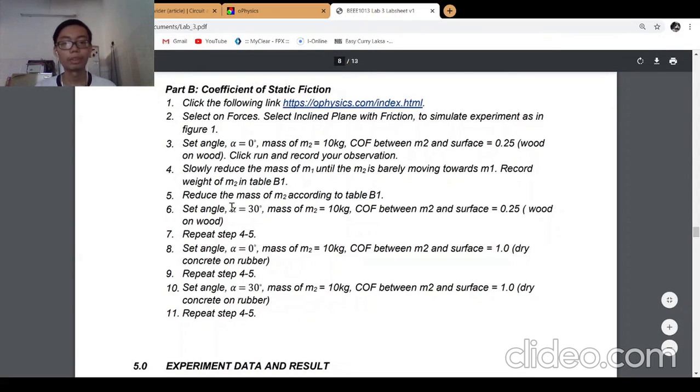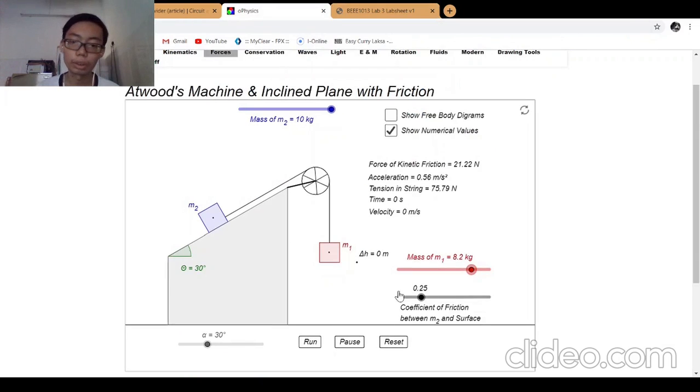So same, we reduce the mass until M2 is barely moving towards M1. Okay, so we basically do the same thing. Then we click run. Okay, it's still moving. We decrease some more. Okay, it was moving very slow, and then we decrease it slowly.